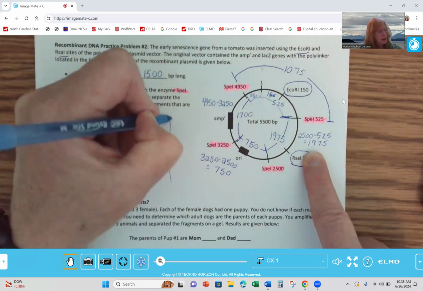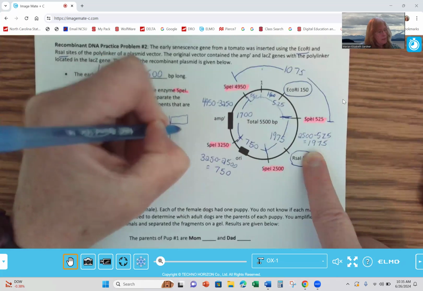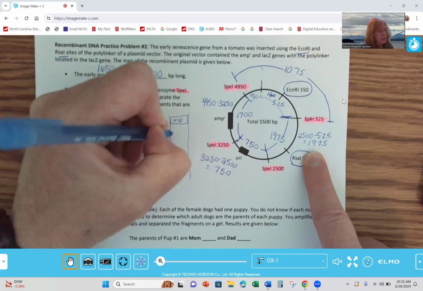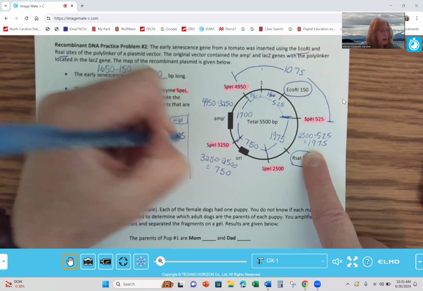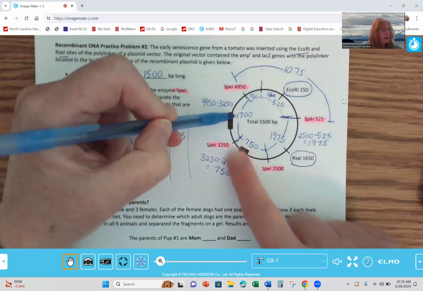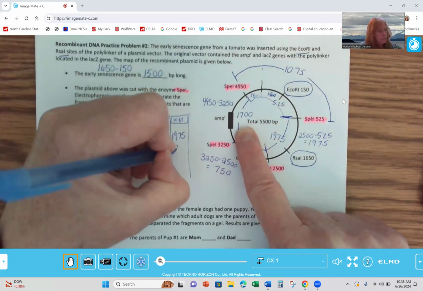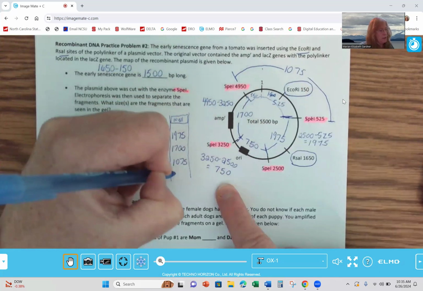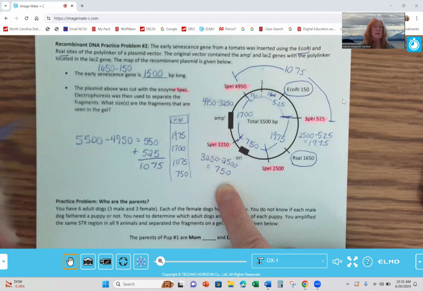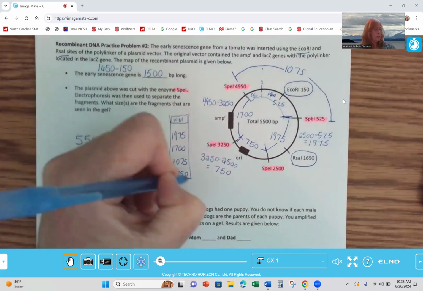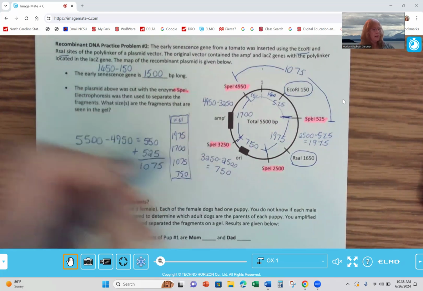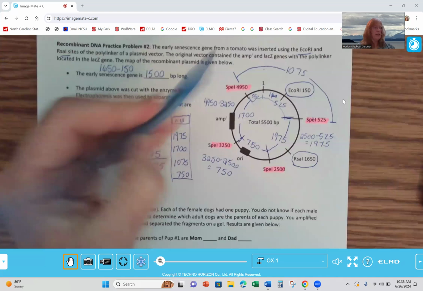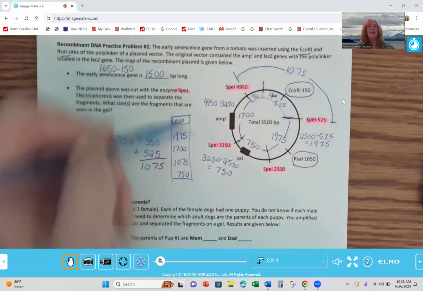If I was looking at my gel, there's the well. 1975 is the biggest, and let's see, 1700 is next. 1075 is the third one, and 750 is the smallest. So this is what my gel would look like. These are the 4 pieces I would see going from top to bottom, where the top was the well where the sample was loaded on the gel.